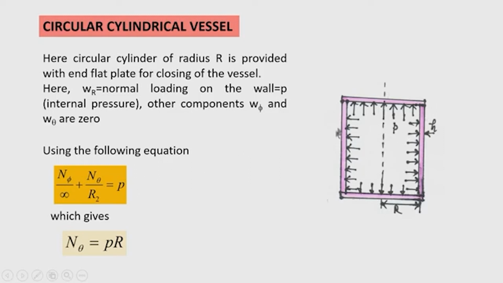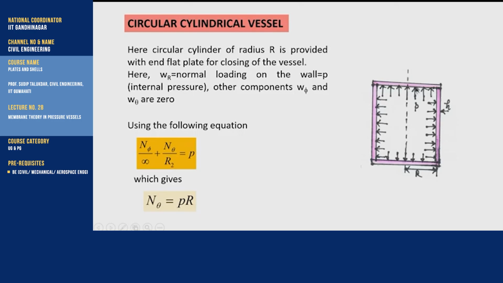That is actually the internal pressure in the pressure vessel. Now, this type of shell of revolution has one curve as a straight line, because when a straight line is revolved around the axis of rotation, a circular cylinder is formed. So, the radius of curvature of the straight line is infinity. Therefore, in the first equation, n phi by infinity goes to 0.